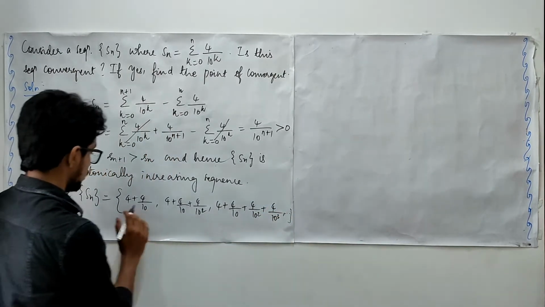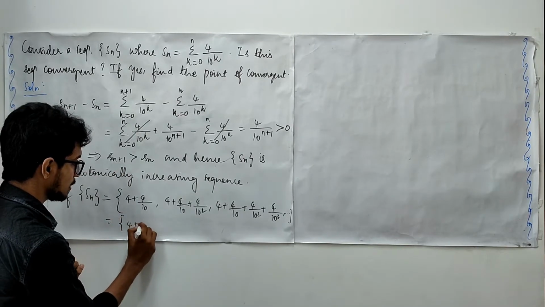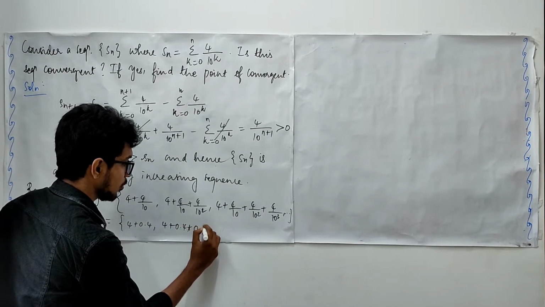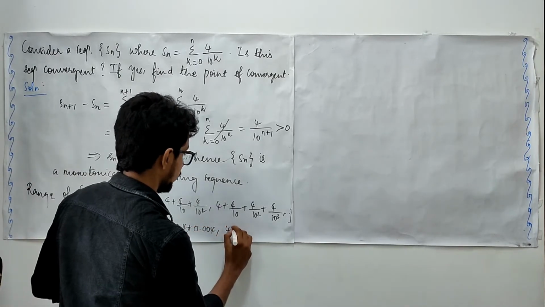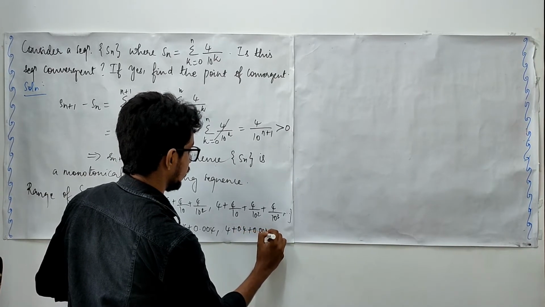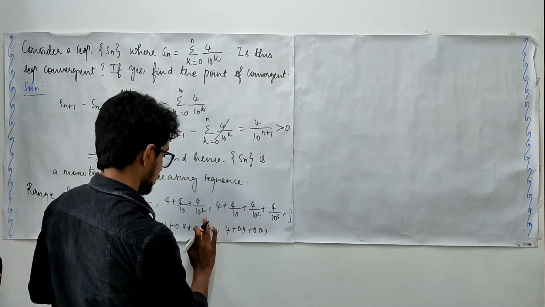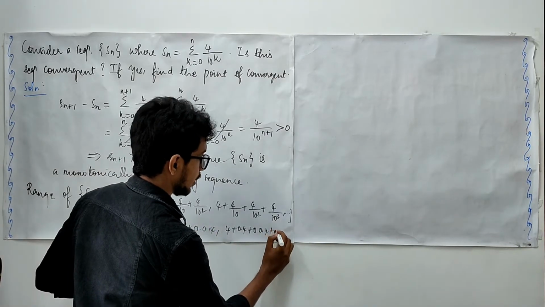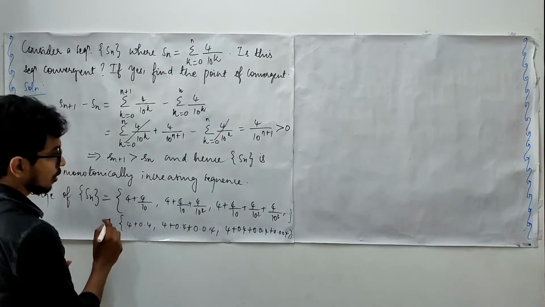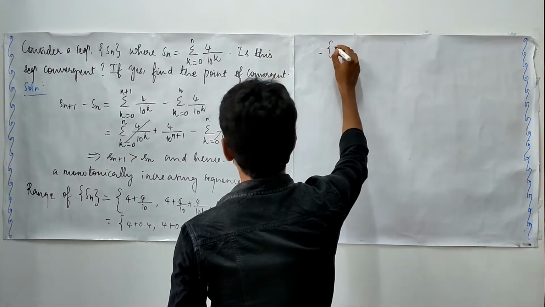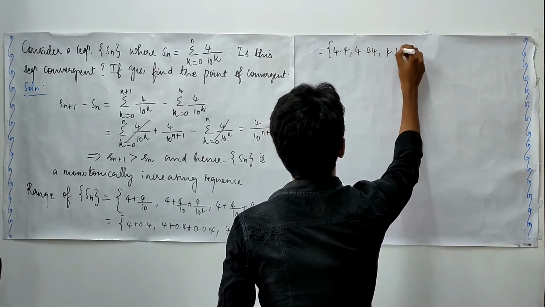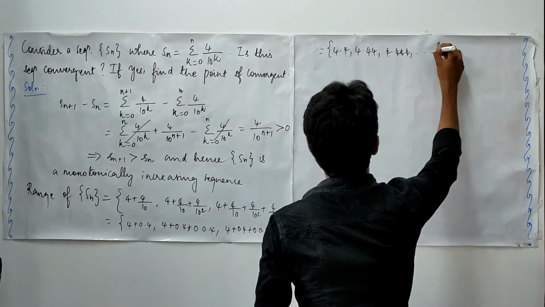So what is this? This is 4 plus 0.4, then 4 plus 0.4 plus 0.04, plus 0.004, and it goes this way. So this is simply 4.4, 4.44, 4.444, and it goes this way.